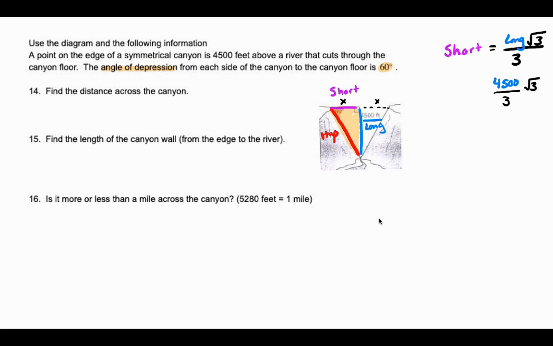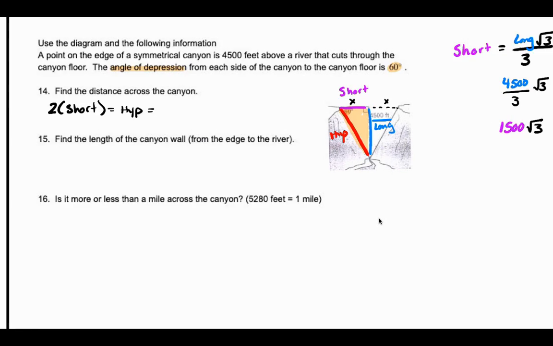4,500 divided by 3 is 1,500 square root of 3. And then to get all the way across the canyon, we're going to do 2 times the short leg.